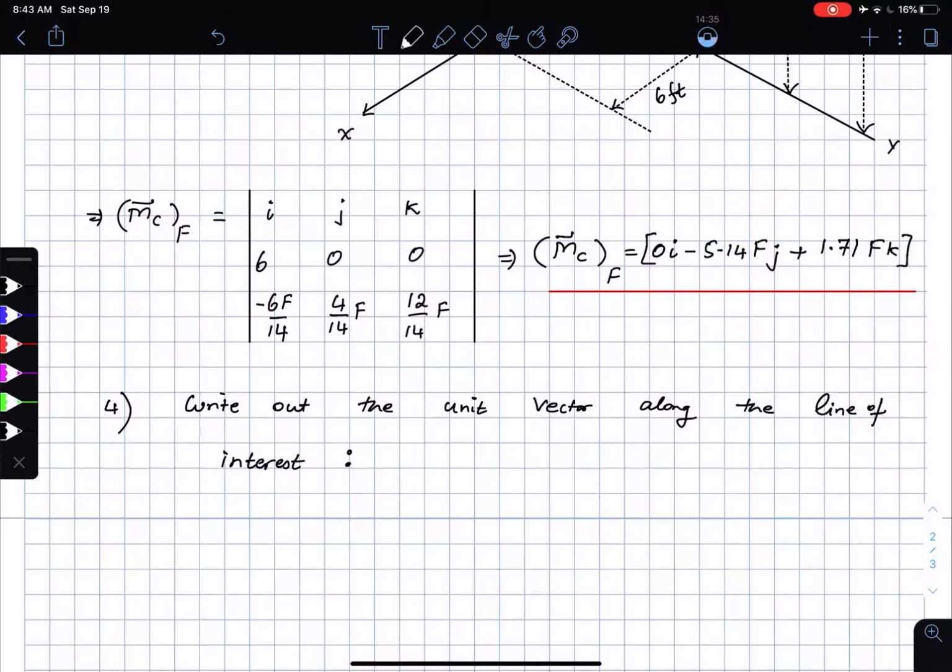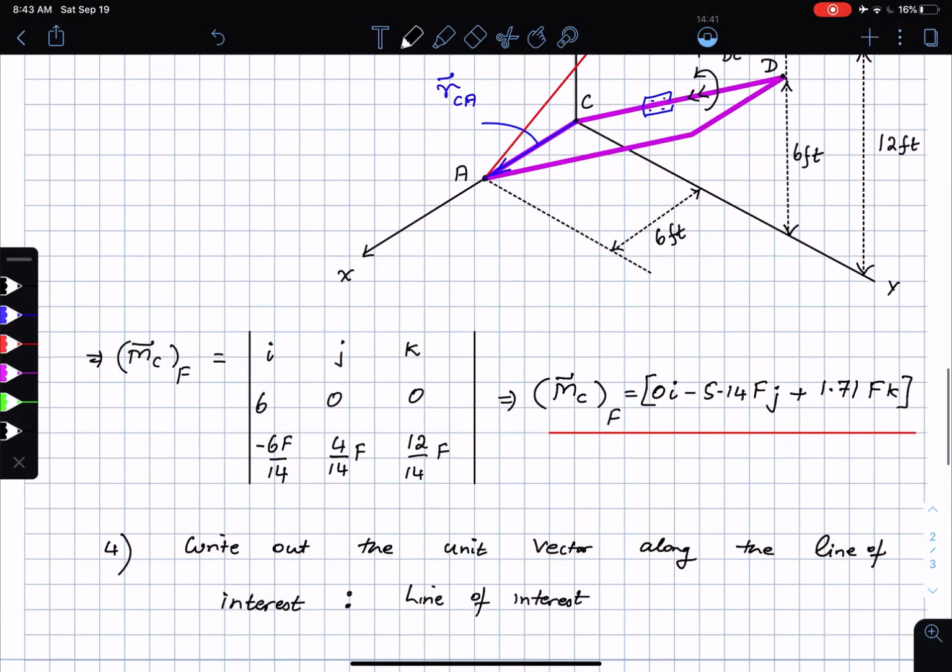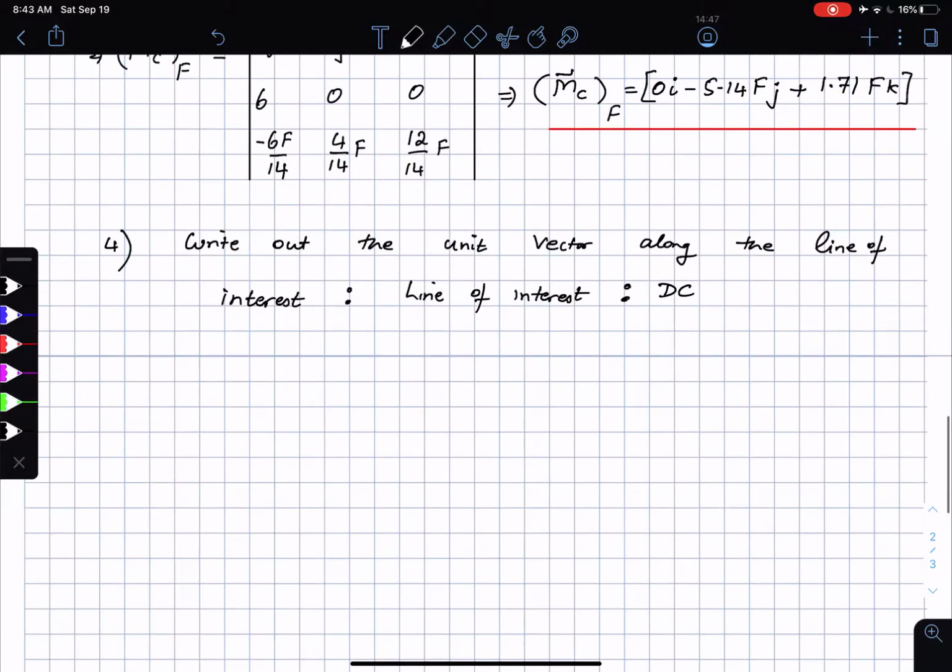What is the line of interest? The line of interest, as you can see, is the line CD or the line DC. It does not matter what you call it, CD or DC. Which means that the unit vector that I'm going to be writing is UDC.